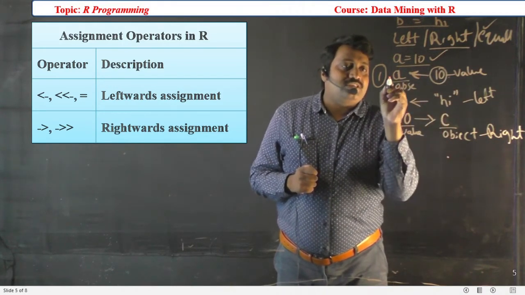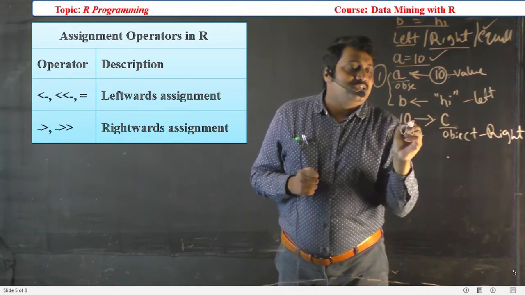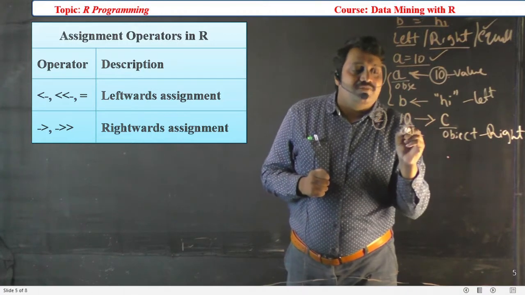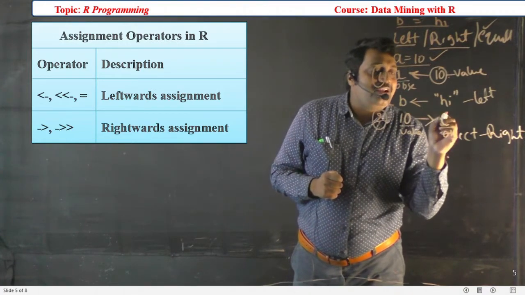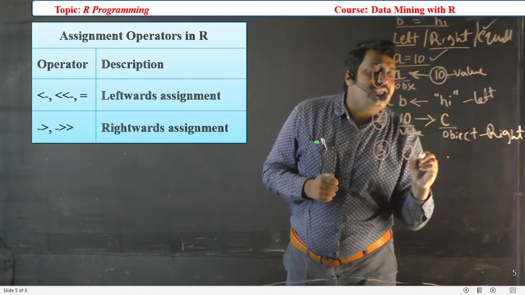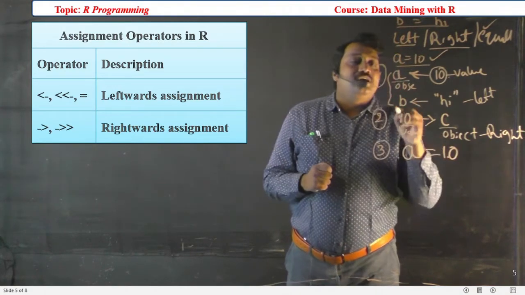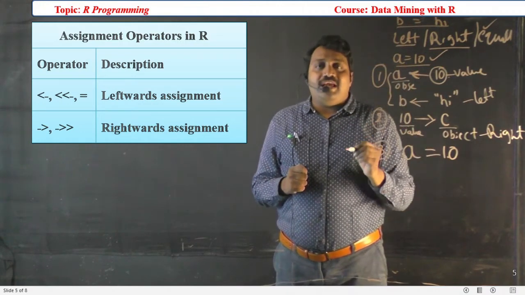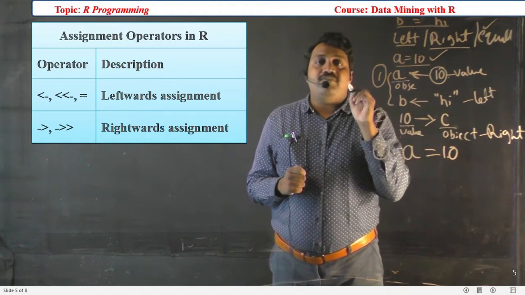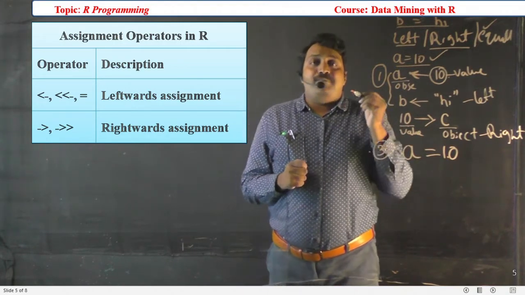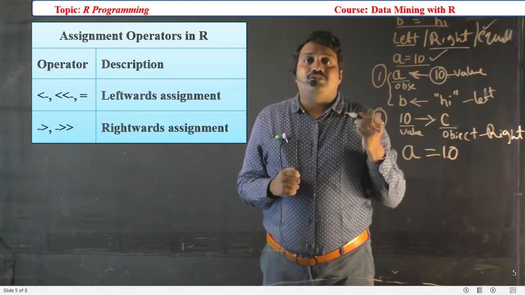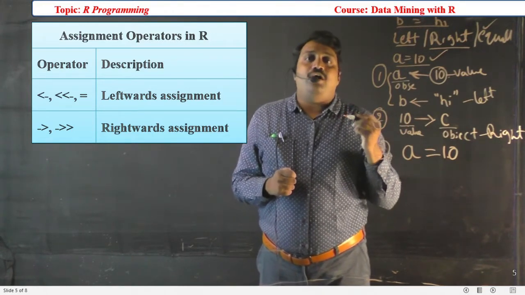Second is the rightward direction: value, rightward symbol, and object. Third is the regular position like A equal to 10 with the equal symbol. These are three ways of assigning a value to an object. This is how we start with the basic creation of an object and assigning a value to the object or variable.